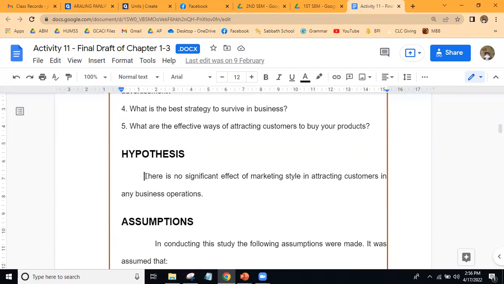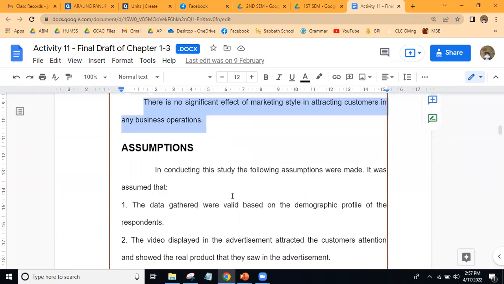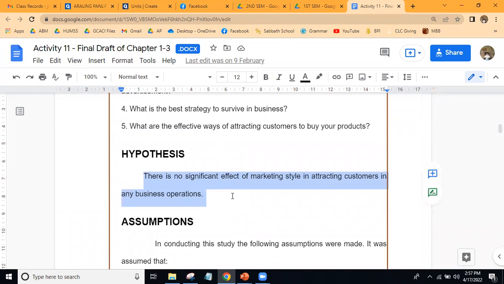So ang ginamit nila, there is no significant effect of marketing style in attracting customer and business. Assuming lang nila na wala daw significant effect ang marketing style in attracting customer in any business operation. Yan ay kanilang patutunayan after nila mag-survey. Sa kanilang conclusion, titingnan nila kung mali pala ang hypothesis or tama pala.